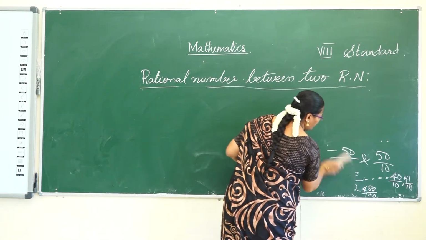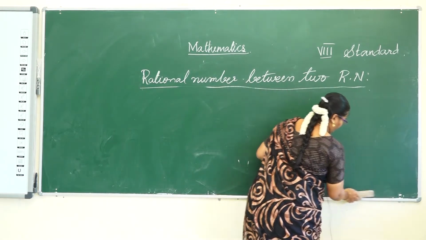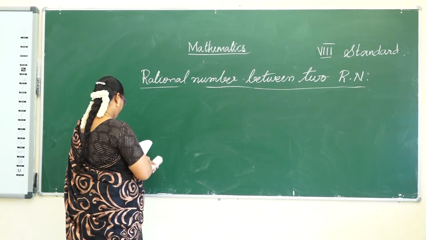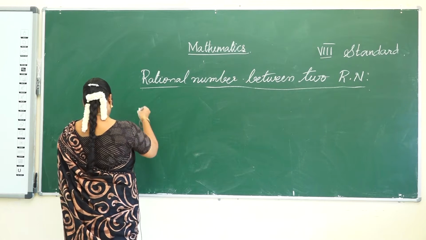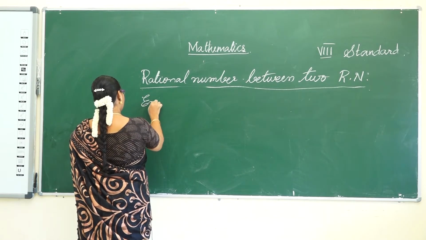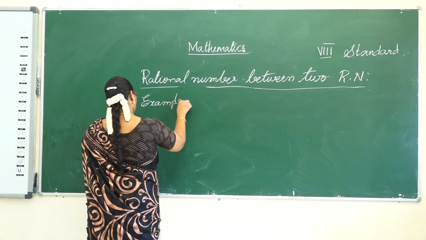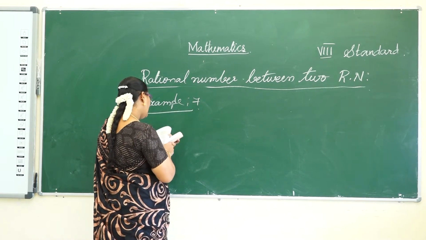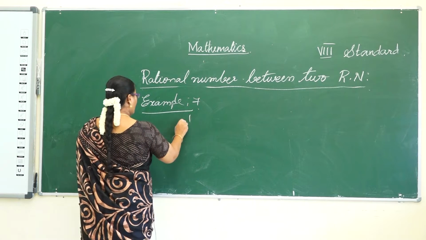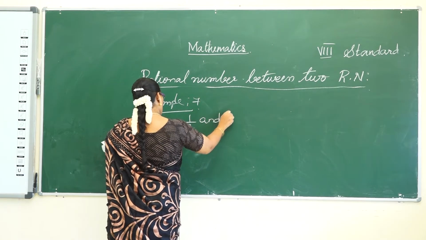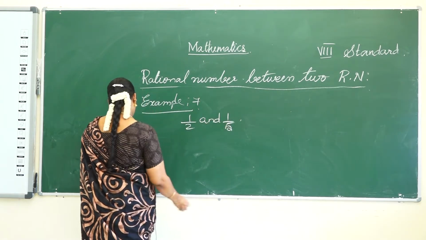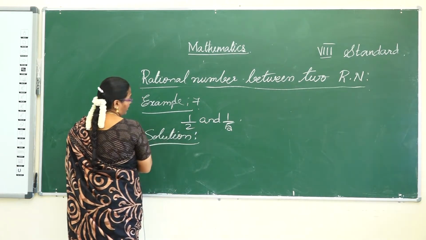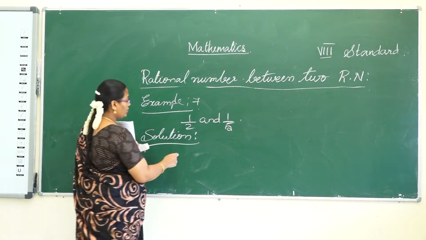First one, example 7 on your page 14. Find any 3 rational numbers between 1 by 2 and 1 by 5, okay. For this exercise we have used the formula method.